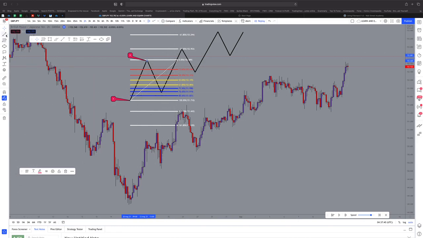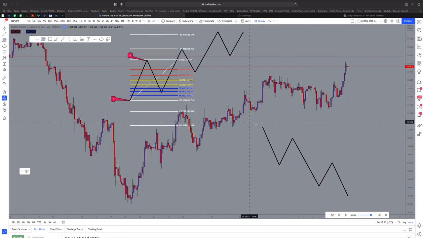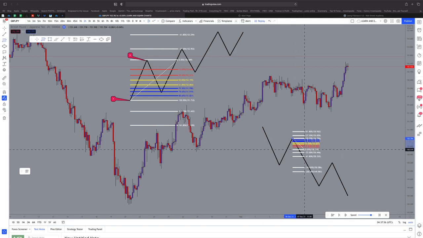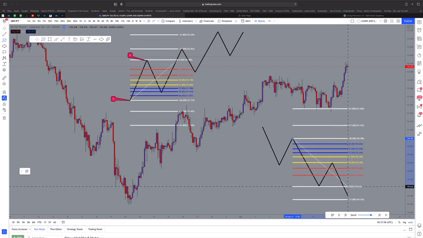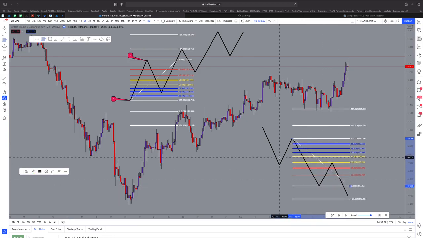Let me go ahead and give you a downtrend example, right? So again, your point A is going to be at the wick of your lower high. Your point B is going to be the wick of your lower low.